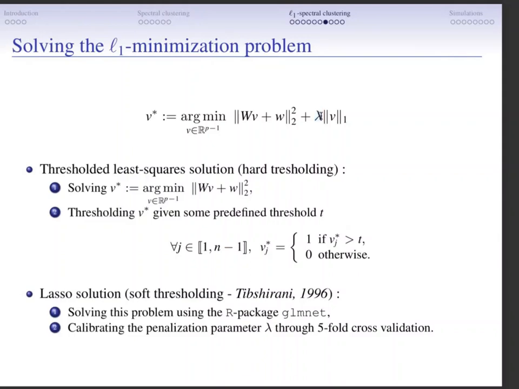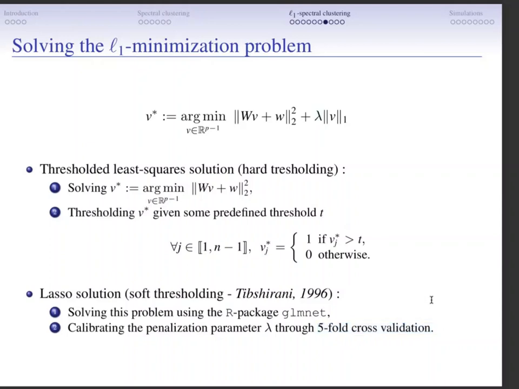If you take a very large lambda, then you will penalize your problem a lot, so you will find a very sparse V, and it means that your cluster will be quite empty. And if you calibrate your penalization parameter too small, then you won't penalize your problem much and your cluster will be very big. So you have to be very careful when you calibrate your penalization, and you will calibrate it by using a 5-fold cross-validation.